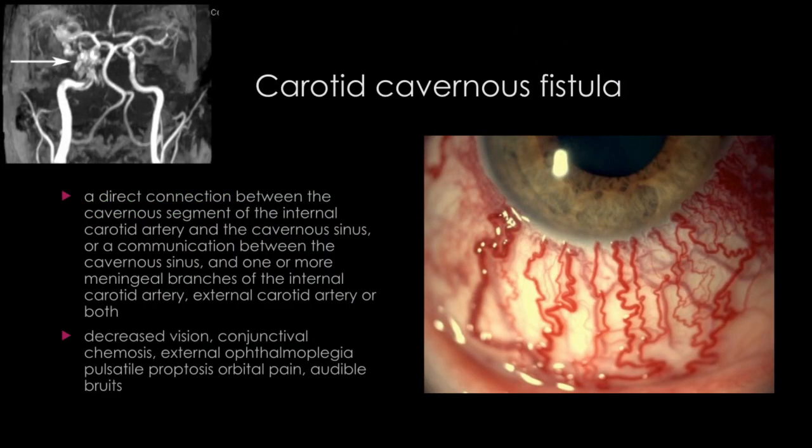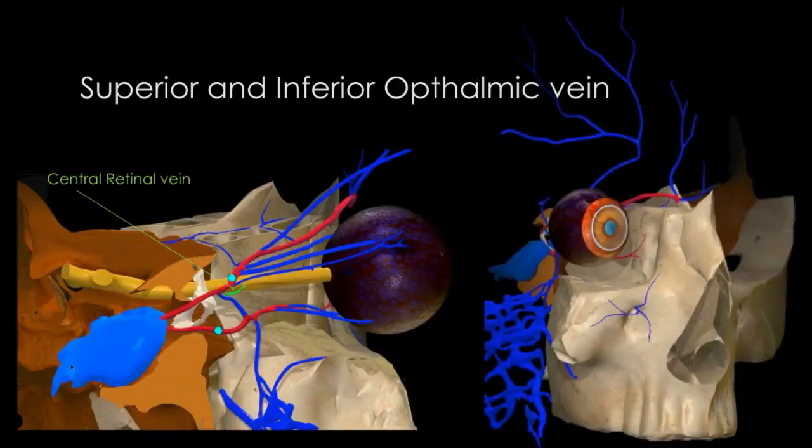So coming to one of the significances of this region is the carotid cavernous fistula. As you saw earlier, the internal carotid artery is in close relationship with the cavernous sinus. It passes through the cavernous sinus. The cavernous sinus also functions to cool down the blood in the internal carotid artery as it goes up.